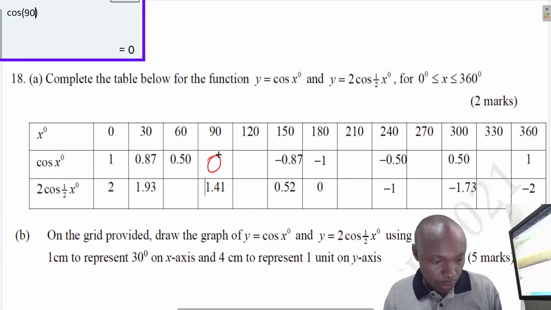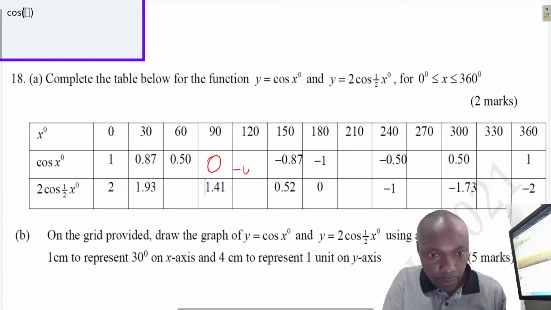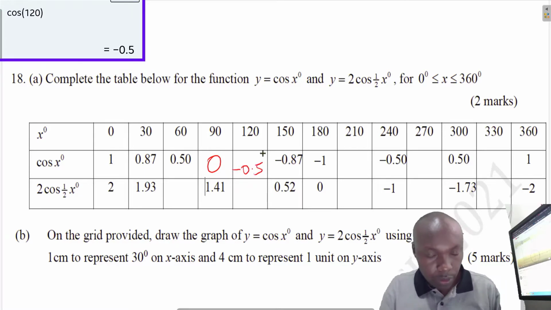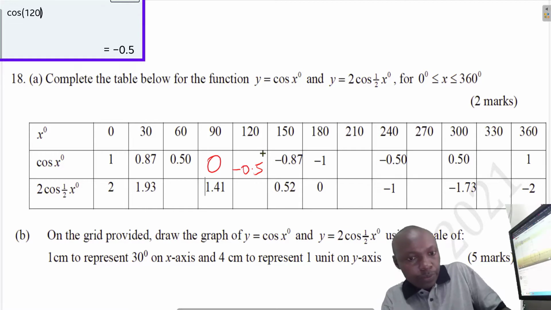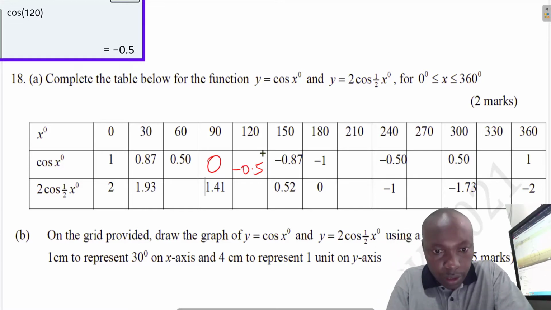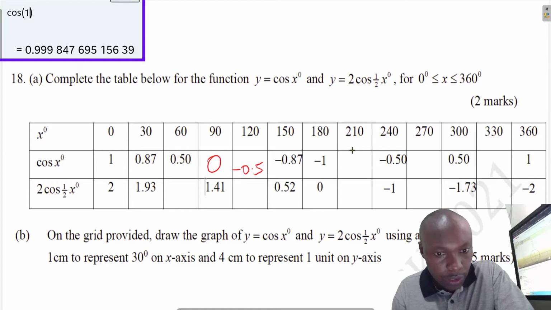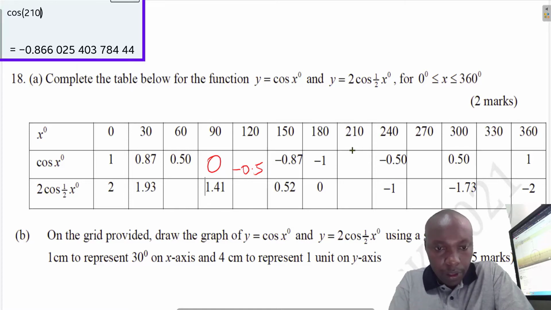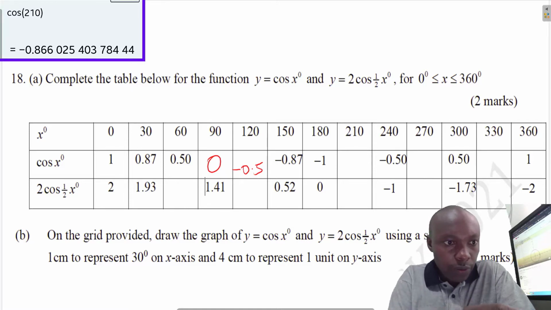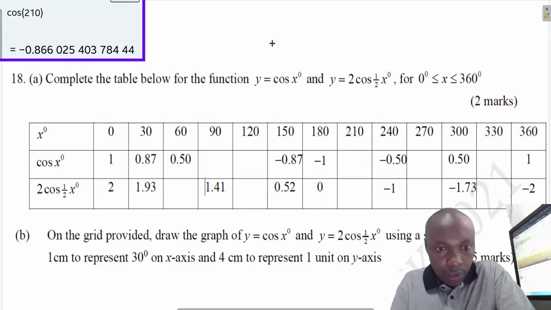Then cosine of 120 is negative 0.5. Let me correct these and begin again.